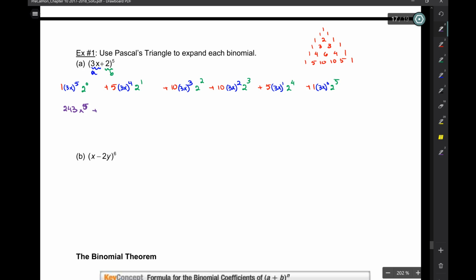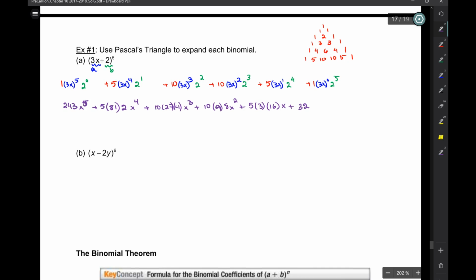And then plus 5 times 81 times 2, x to the 4, plus 10 times 27 times 4, x cubed, plus 10 times 9 times 8, x squared, plus 5 times 3 times 16, x, plus 2 to the 5, 32.